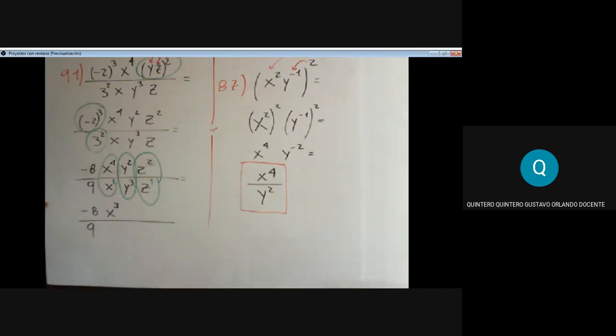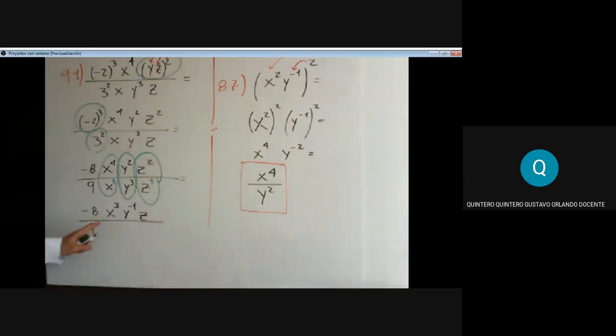Again, y to the 2 over y to the 3: leave the base, the y, and subtract the exponents. 2 minus 3 is negative 1. We have a negative now. Don't worry, we're going to solve that later. Same with this part: z to the 2 over z to the 1. We leave the z and subtract. 2 minus 1 is 1, so I'm not even going to put an exponent there, because if there's no exponent, it's implied that there's a 1.